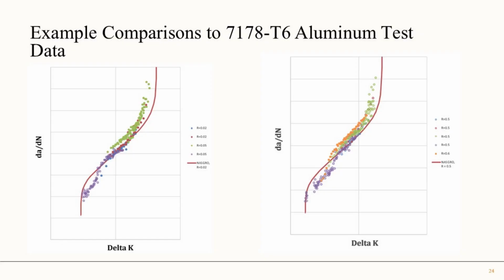As we start to go towards the threshold, a lot of times, or most of the time, aluminum tested in standard air will show this little bit of an inflection point. And because this is a log-log scale of data in delta K, the difference between their fit and the data in this area can be very large, can be a factor of, say, 3 or more. So depending on where you are on the curve, there could be a lot of difference between what you're going to predict and what actually happens.